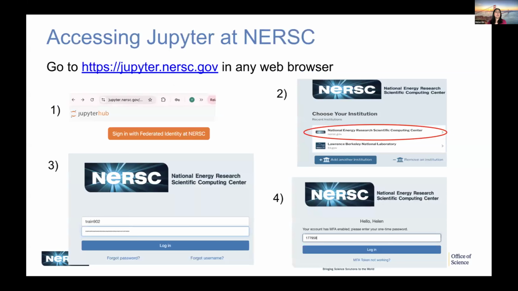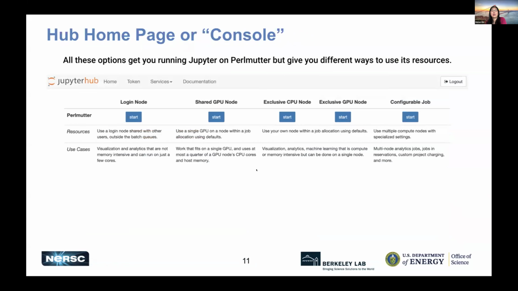Next, I would like to share how to use Jupyter. We'll be using lots of Jupyter notebooks today for the hands-on. You go to jupyter.nersc.gov over HTTPS, and when you log in, you choose NERSC first. Don't choose any other federated labs for the login to Jupyter here. You put your train number and your password, and another screen asks for your MFA, which is 6-digit numbers. Then when you're logged in, you see this screen.